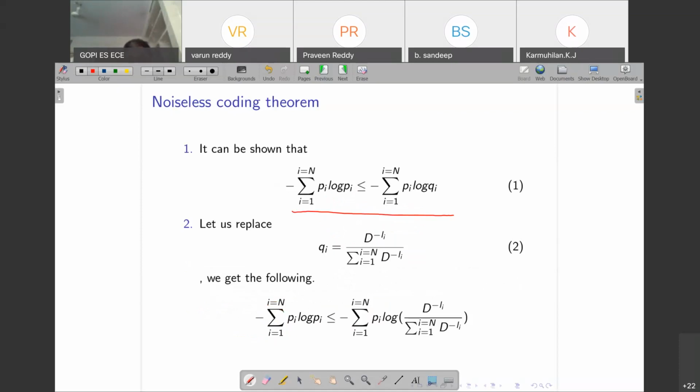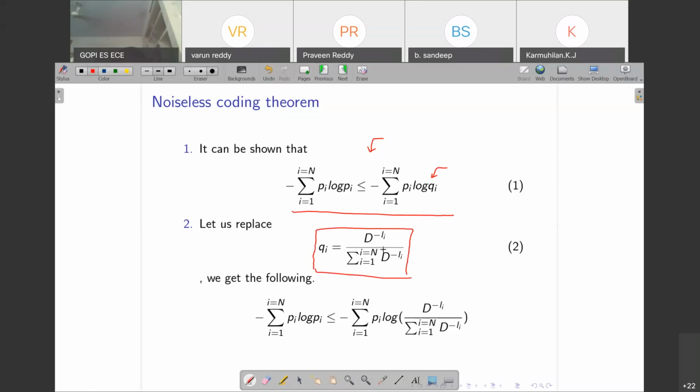We had that proof in the previous class. Now using this, we are going to replace this qi as D to the power minus li, divided by sigma of D to the power minus li. Just in place of qi substitute here, and if I simplify this, you get a very nice expression.